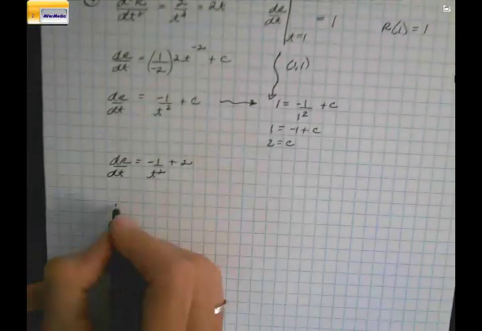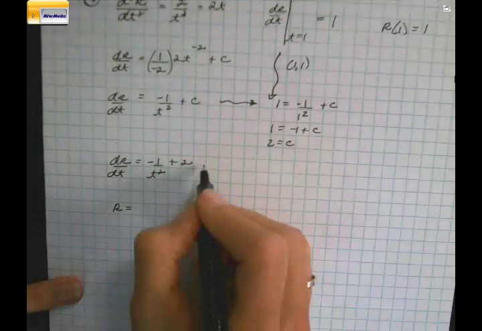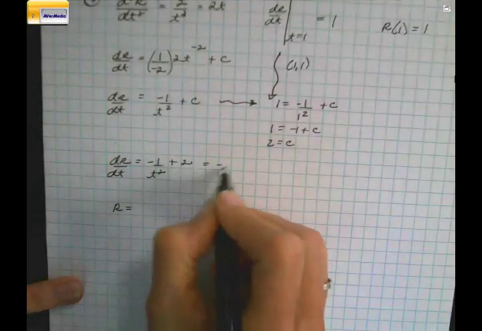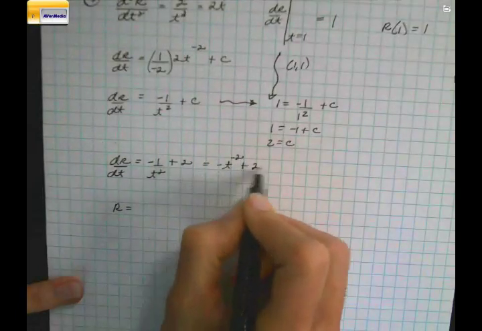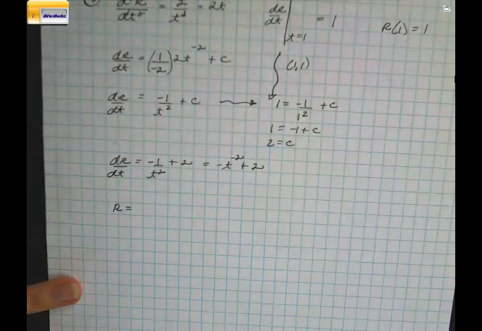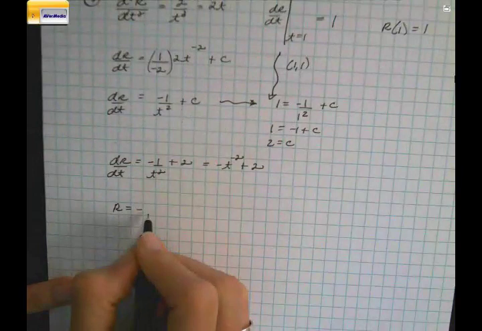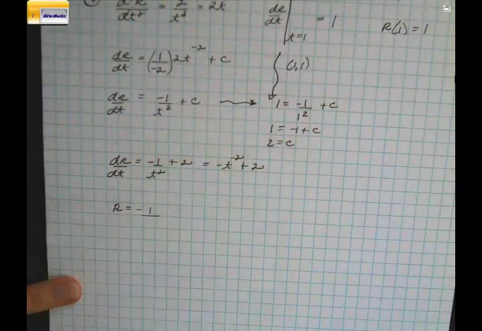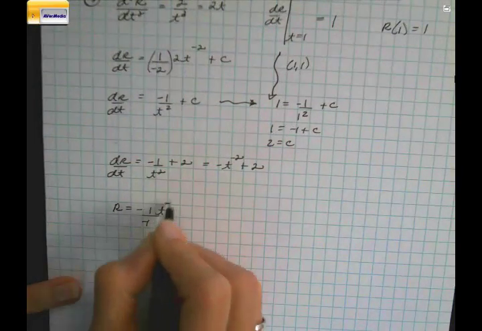Now, we get r. r is the antiderivative of that, so I've got to write it again as a negative exponent for me to be able to do this. So now, this is negative 1 over negative 2 plus 1, which is negative 1.